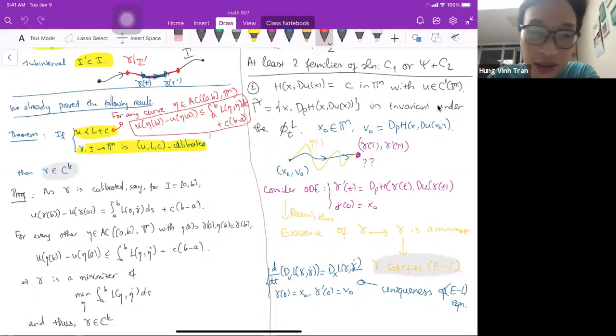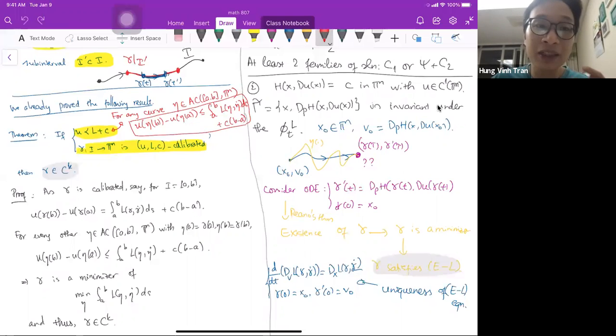Okay, that's just that. So on the one hand, you can see the proof is already from the statement, right? Because for any curve eta, any arbitrary absolutely continuous curve eta, the action functional of L plus C of eta is always greater than the difference at the endpoints, right?